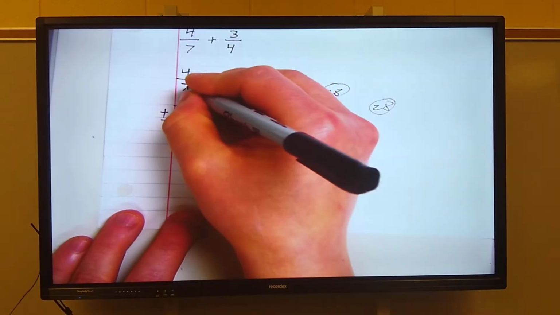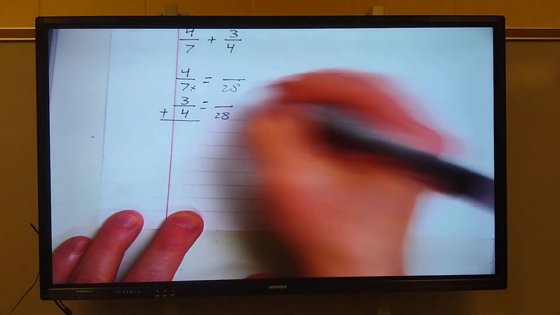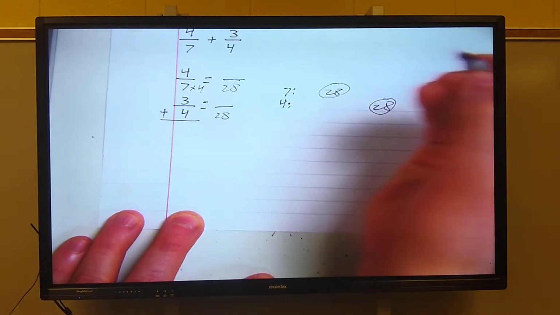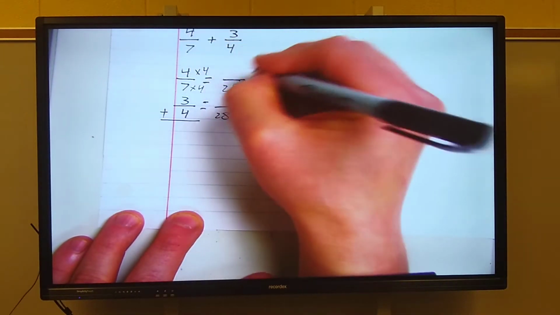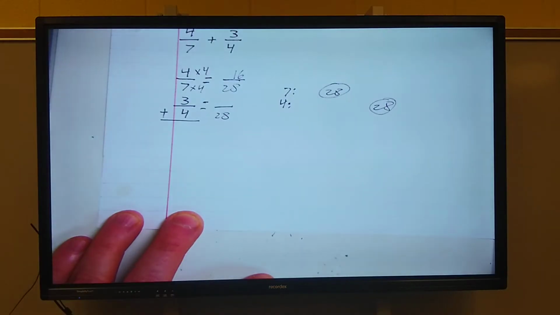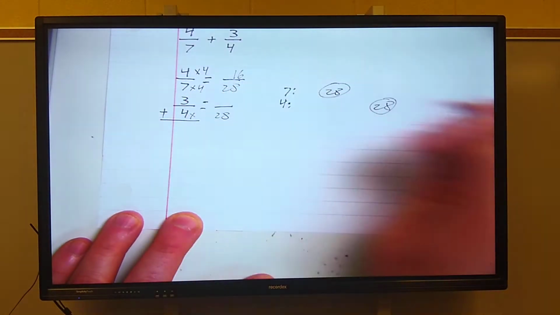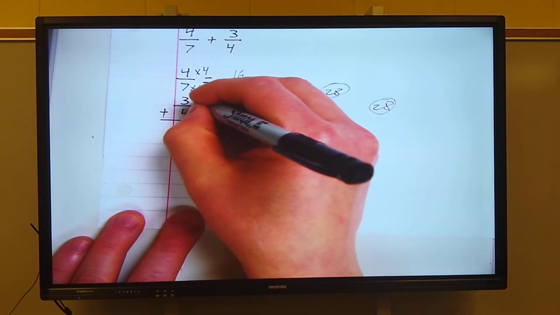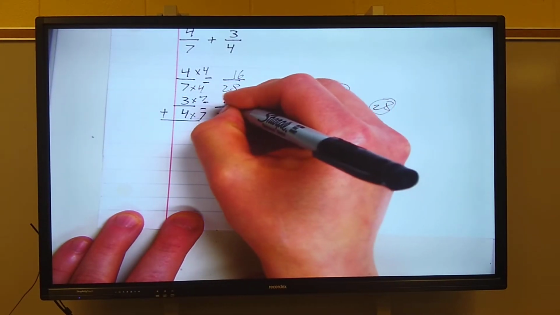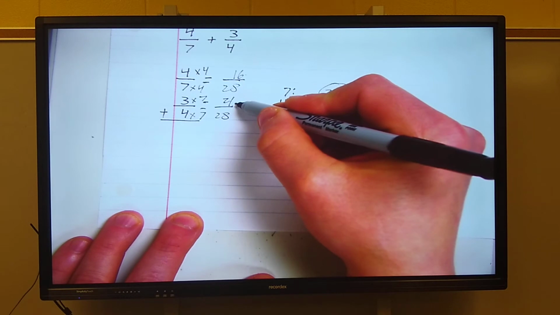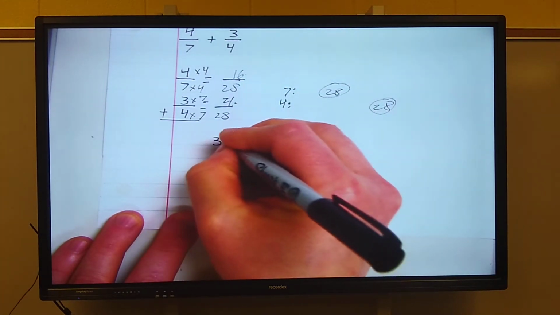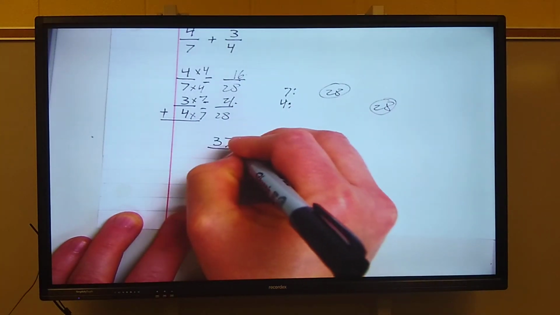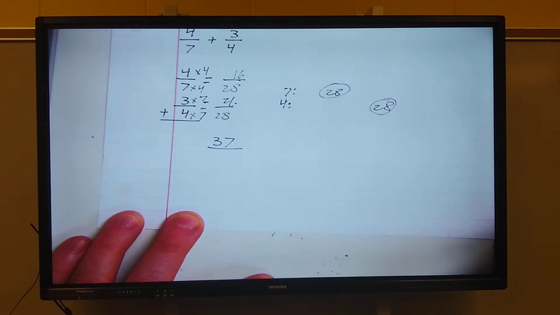All right. What times 7 equals 28? 4. And 4 times 4 is 16. What times 4 equals 28? 7. And 7 times 3 is 21. Add the numerators. 16 plus 21 is 37.